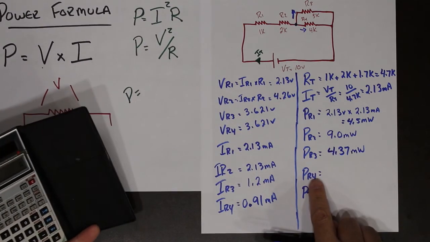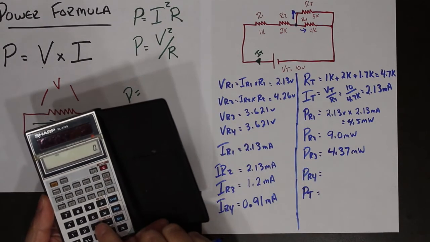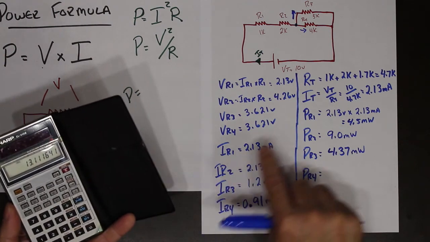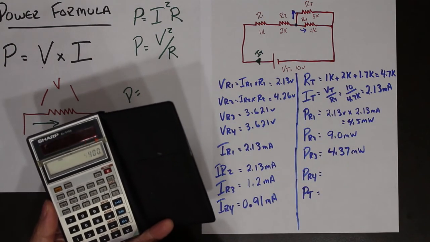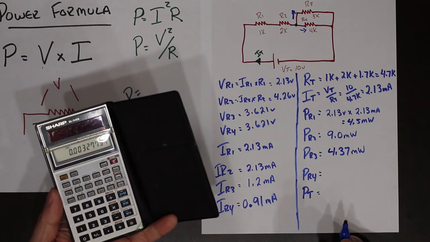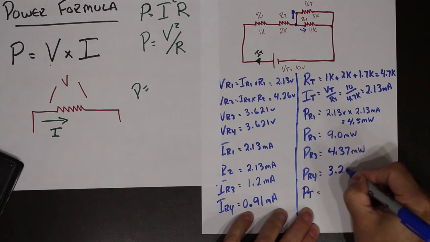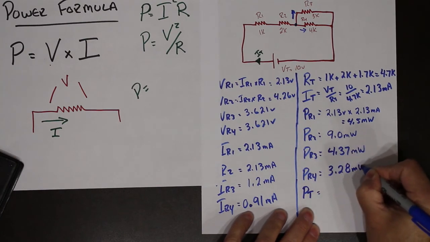The next one, we'll do the same way. 3.621 squared divided by 4K. 3.228, let's say 3.28 milliwatts.